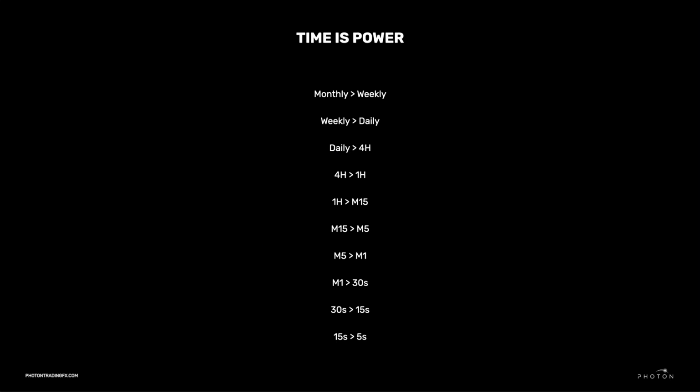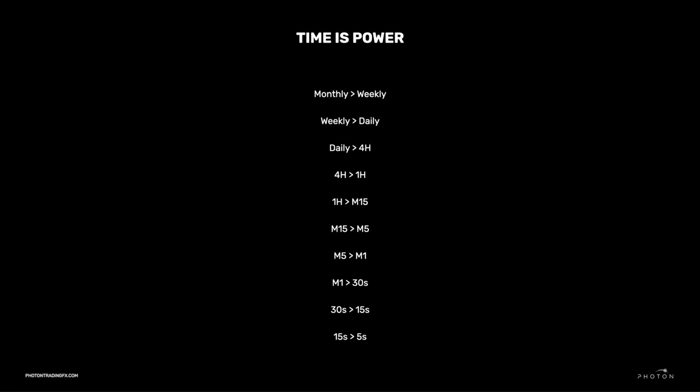So time really is power. Now, the longer that a setup has to marinate, the more powerful and delicious the move will be, right? It's a bit of a horrible analogy, but that's essentially how it makes sense in my head. Essentially, it's the more orders and liquidity that have been stacked over time to then fuel that large move. So for this reason, analysis on the higher timeframes always takes precedence over analysis on the lower timeframes.